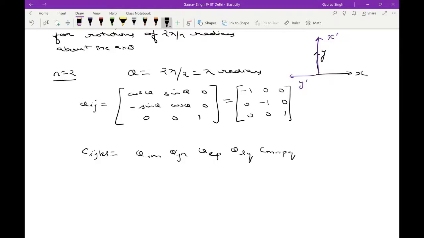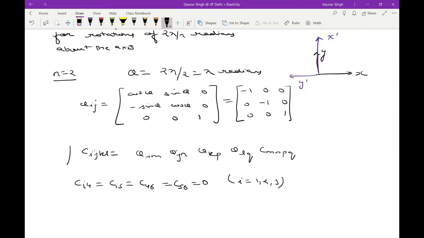So let's take up, and if you put all the values under this transformation, you will be able to get, say, Ci4 equal to Ci5 equal to C46 equal to C56 equal to 0, where i is equal to 1, 2, 3.